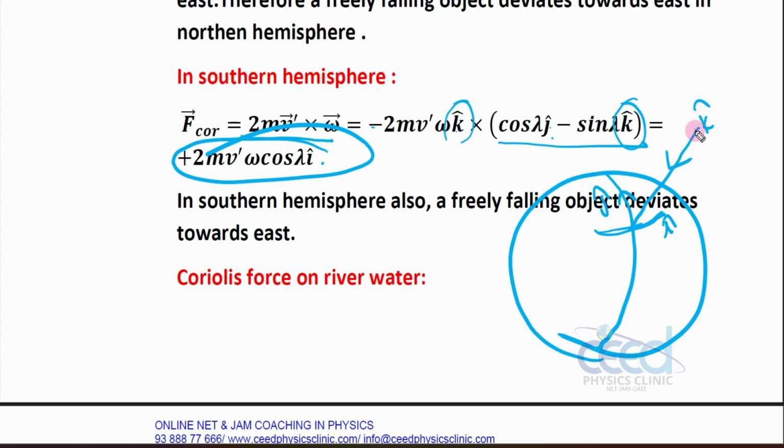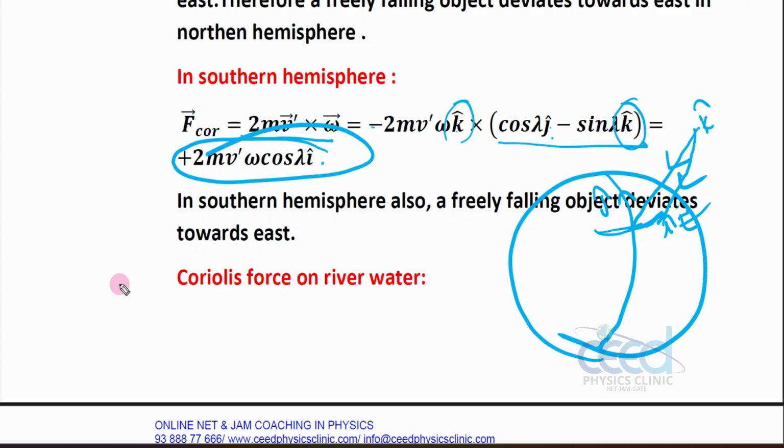Now this freely falling body has a force in the i cap direction, so it slowly deviates in the i cap direction. That is why eastward deviation, this is actually east, that we derive later. Eastward deviation of a freely falling object is an important physical phenomenon.